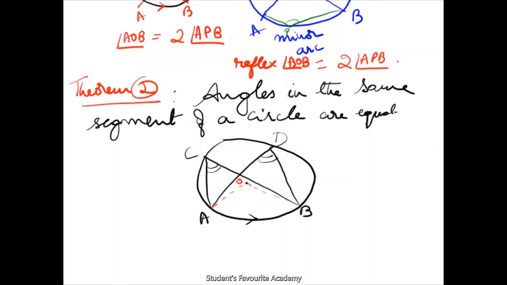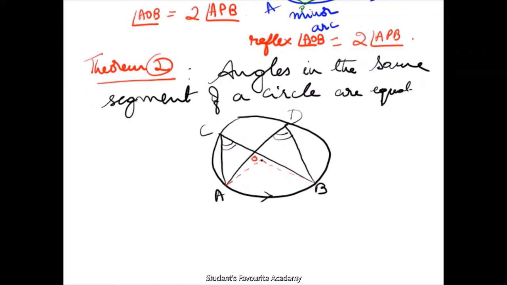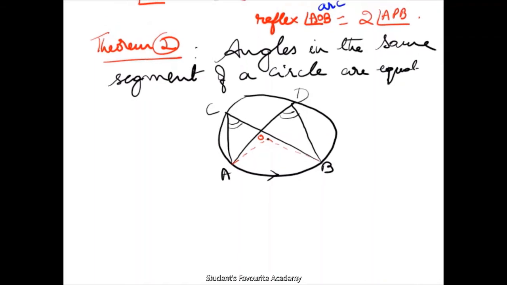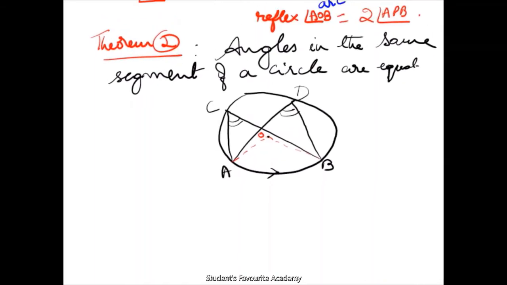So this can be proved using the previous theorem, right? Now, what is to be proved? According to this theorem, we have to prove that angle ACB is equal to angle ADB.